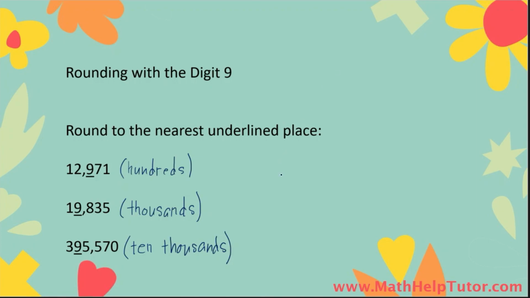So for the first number, again, we draw a number line, and then we determine the current hundreds place of our number. The expanded form of our number would be 10,000 plus 2,000 plus 900 plus 70 plus 1. And we are concerned about this place, the hundreds place.